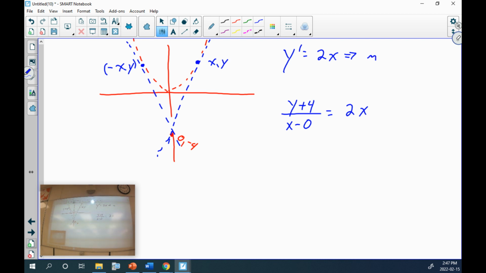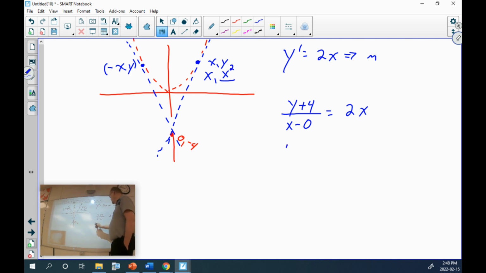We have a bit of a problem here. I have 2 variables, and I want to solve for one of them. What's another way of writing the y coordinate for this function right now? It lies on the graph of x squared. So I can replace this with x squared.